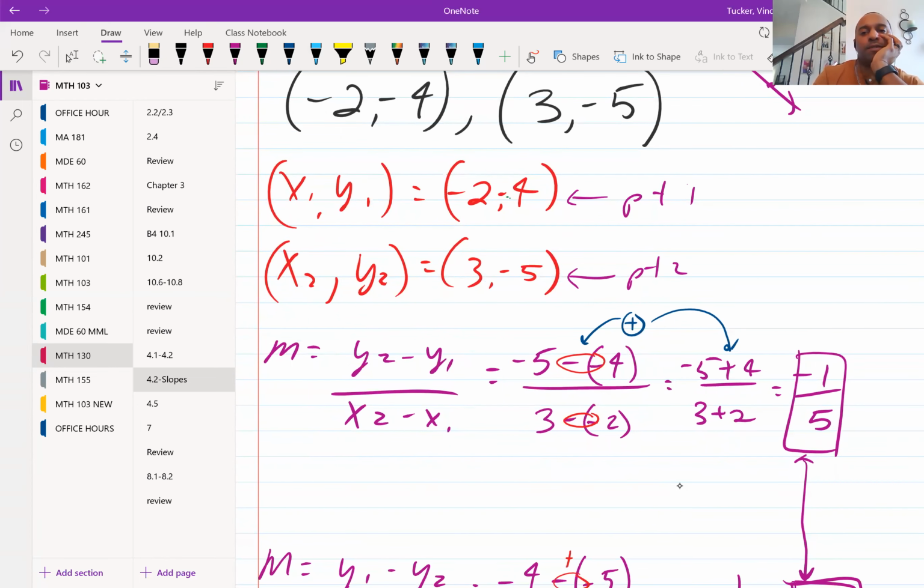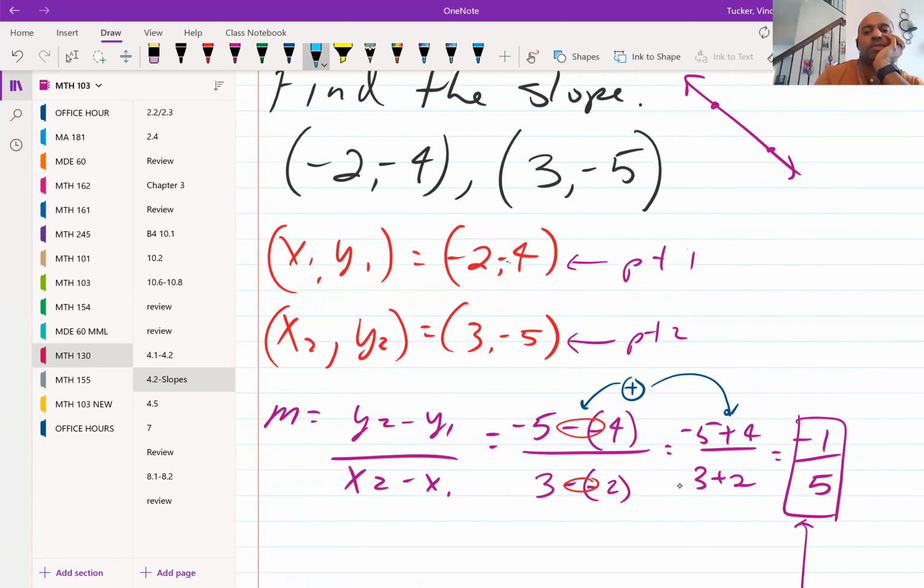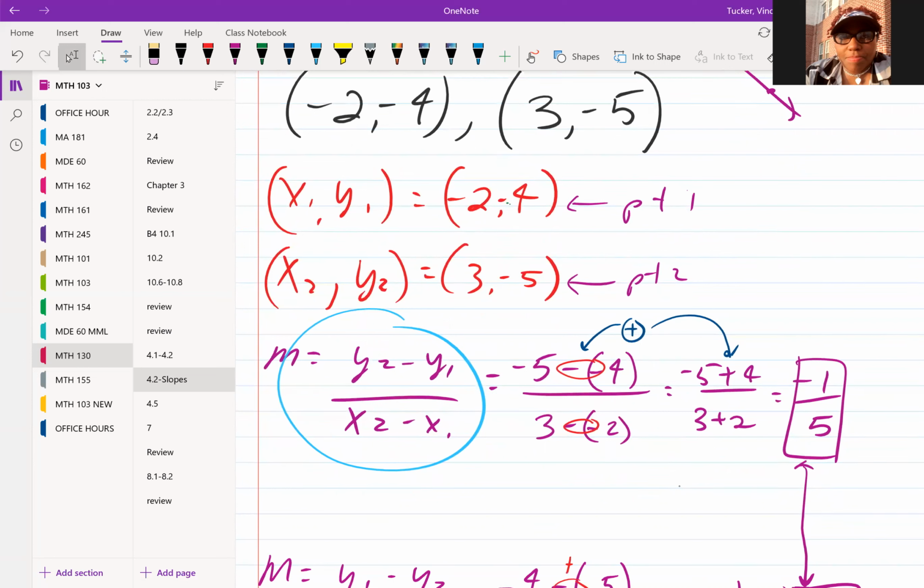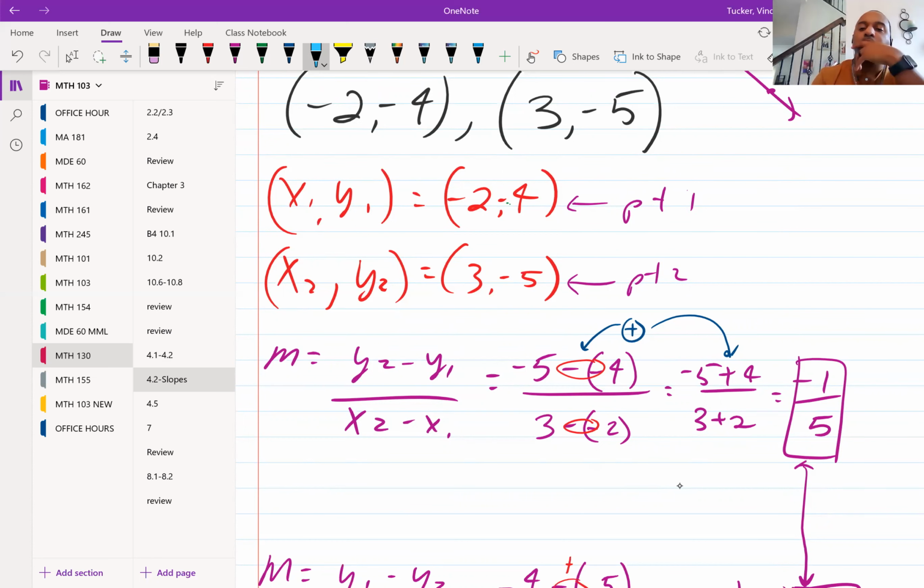So if it says find the slope, then you have to use this formula right here. Okay, so y2 is -5, and y1 is -4.